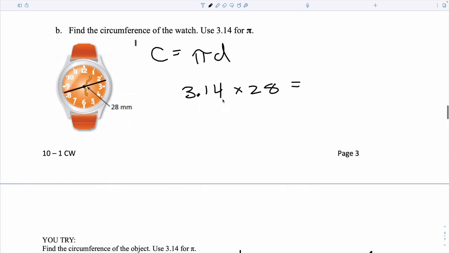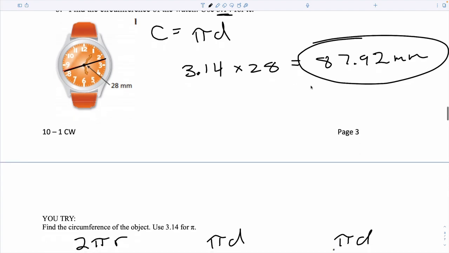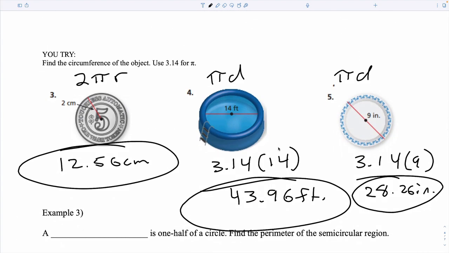It's pi times diameter. They say use 3.14 for pi, so if you're using the pi button, your number's going to be a little bit off. What is 3.14 times 28? Brady. 87.92. Good. Millimeters. Brady, did you say you got 80 or 90?